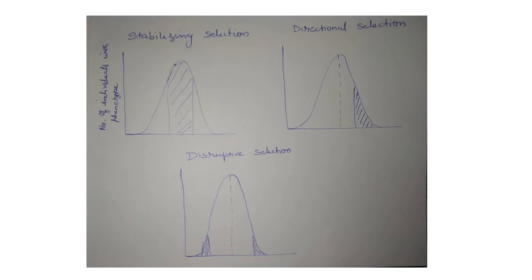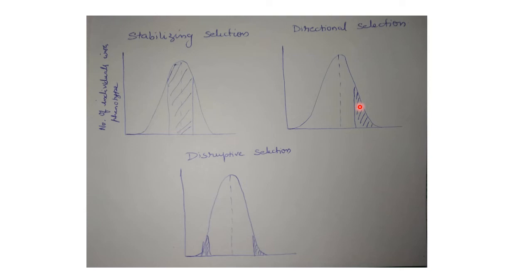Before coming to the next question, I would like to explain what is stabilizing selection, directional selection and disruptive selection. In stabilizing selection, what happens is it preserves the average characteristic of the population by favoring the average individual. This is the mean of the individual that is favored. Whereas directional selection favors the individuals only in one direction.